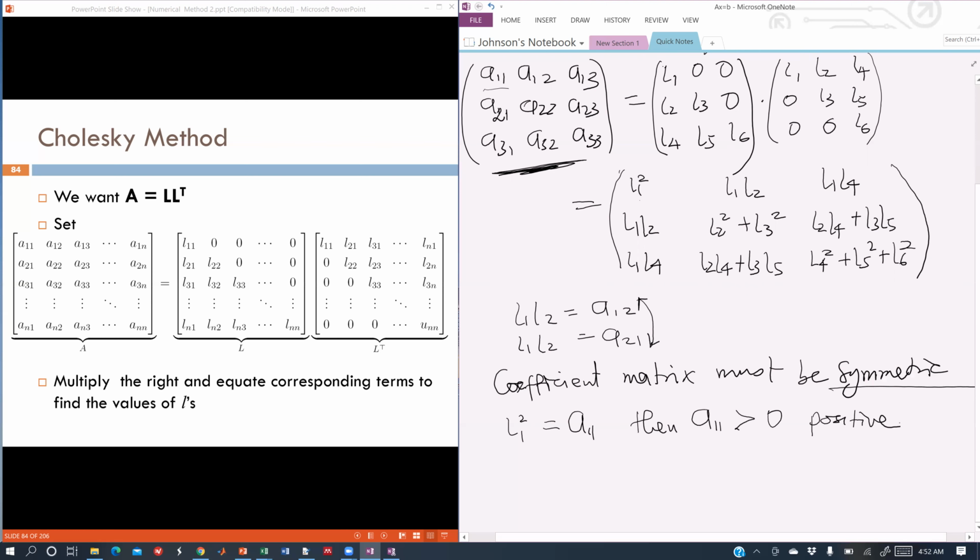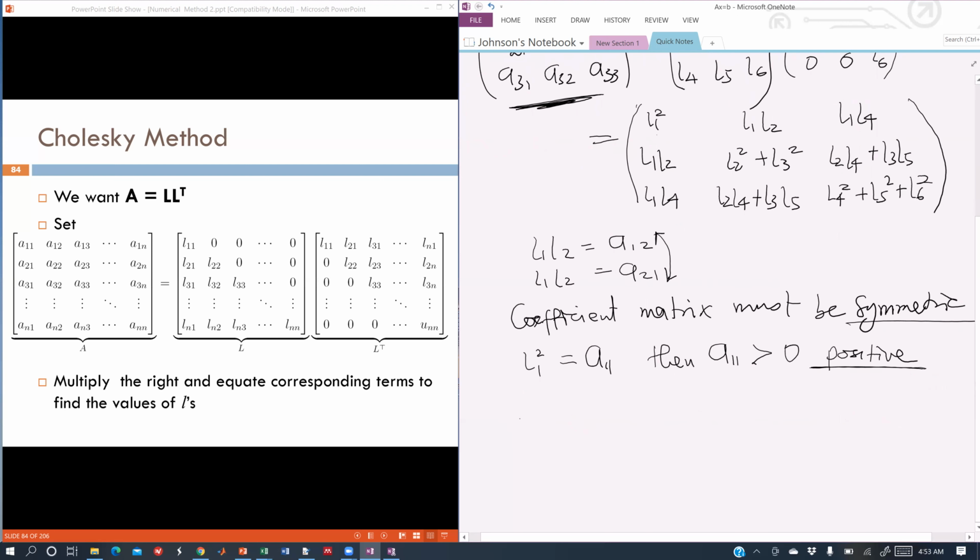And other properties of the matrix must also prove to be positive, because you can see even the diagonal entries, all of them have squares, and they are likely to cause us to find a square root at some point. And that means that the matrix must have a certain special property before Cholesky decomposition can work.